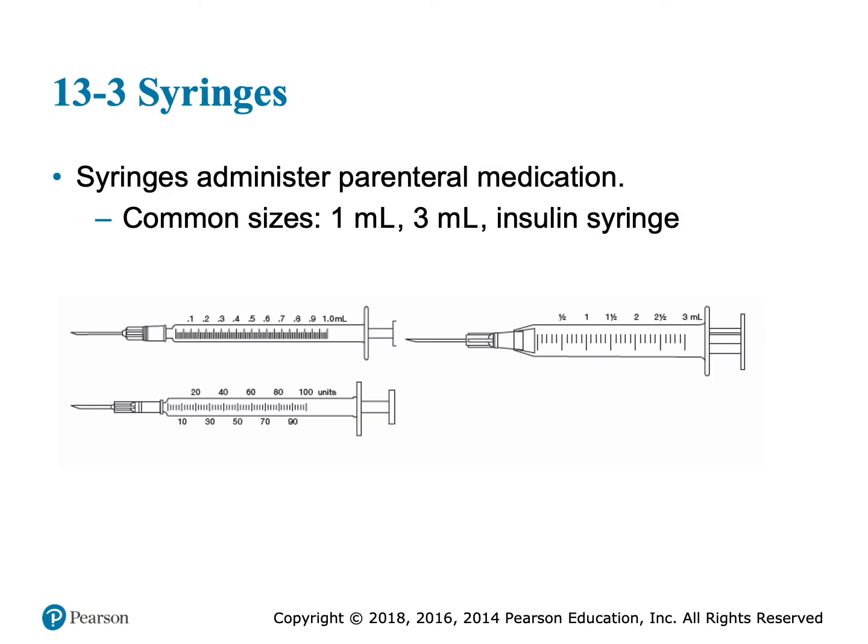So syringes are used to administer parenteral medications via injection, right? So we see a 1 milliliter syringe here, which is also called a tuberculin syringe or TB syringe, and a 3 milliliter syringe, right? So the dilution of insulin is such that 1 milliliter of insulin fluid has 100 standard units of insulin.